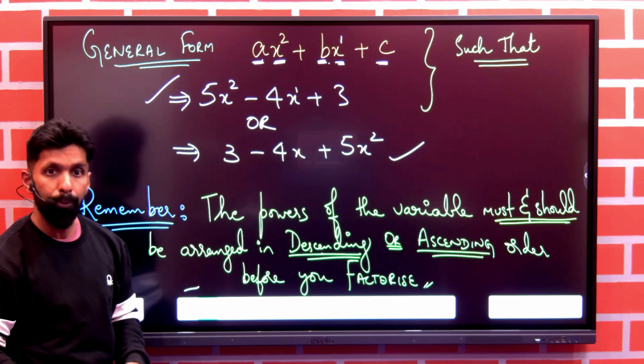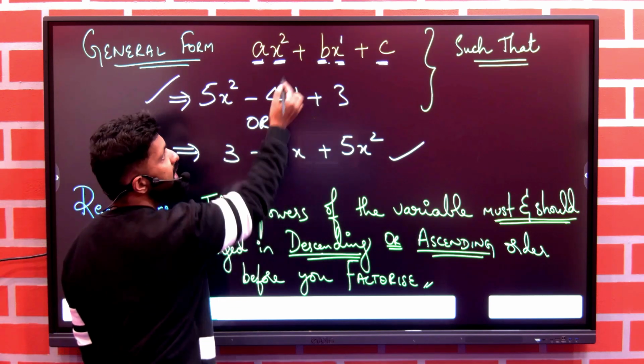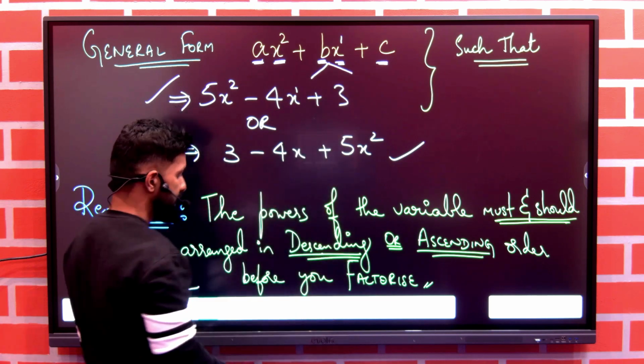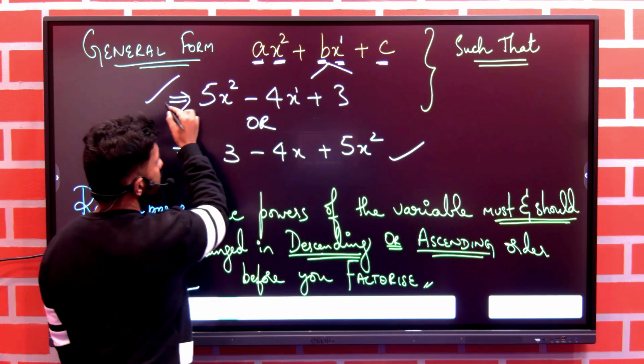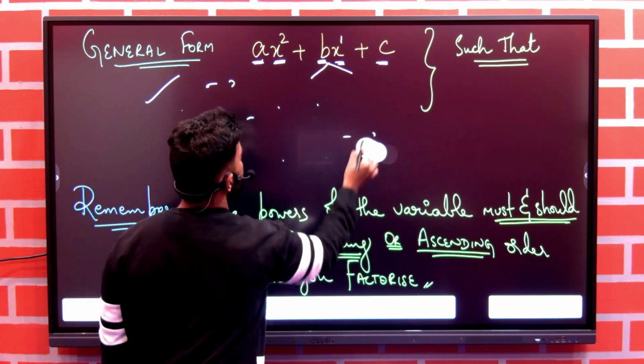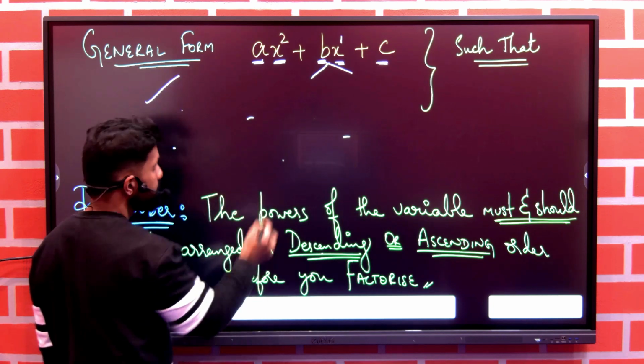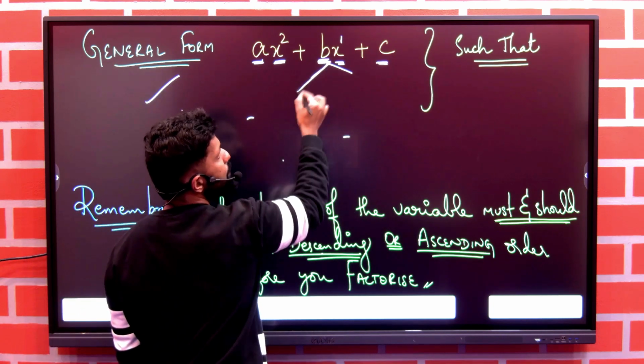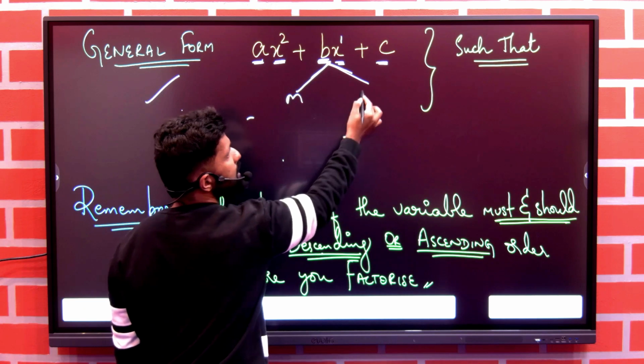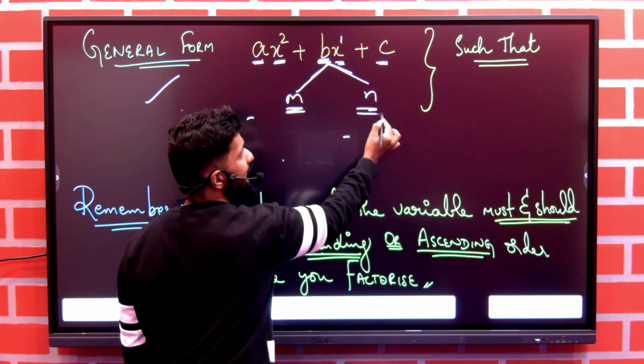Now, what am I supposed to do? I'm supposed to split the middle term. This middle term, this b, has to get split into two new numbers. Let's call the two new numbers m and n.